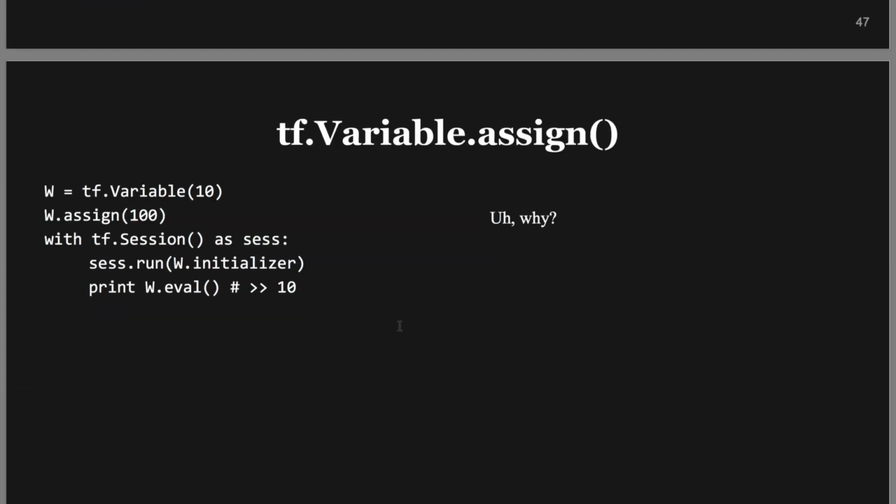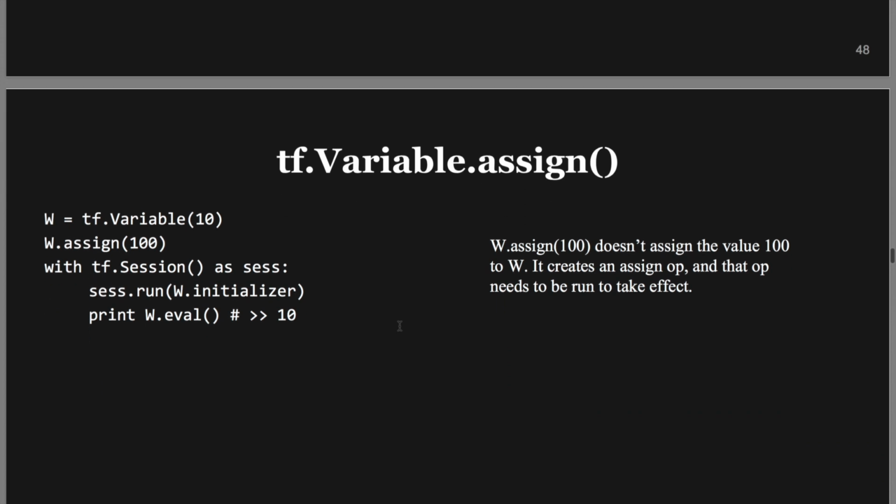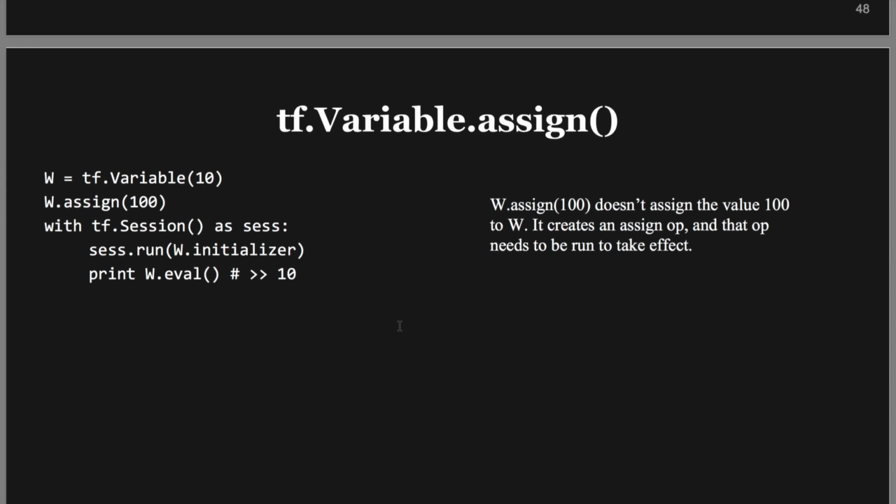And that's what we see out here. Even though we added this op w.assign(100), since we did not call it as sess.run(w.assign(100)), that value never got changed from 10 to 100, and that's why we are seeing 10 out here.